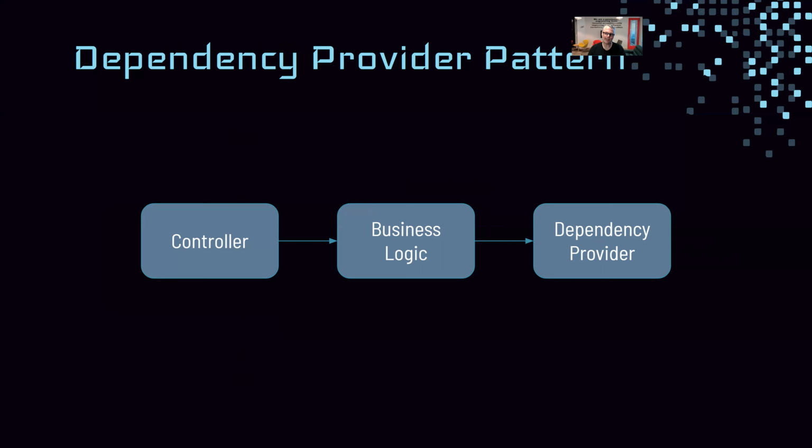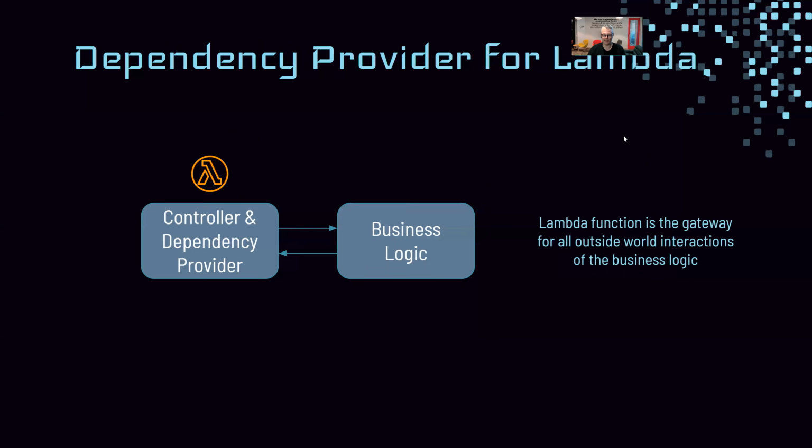What makes Lambda kind of interesting is that by its nature, it plays both the role of the controller and the dependency provider. So the way that our classes interact will actually look like this. Our controller gets the request and it initializes the business logic, basically giving itself as the implementation of the dependencies.